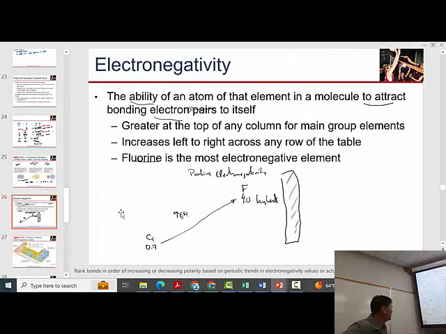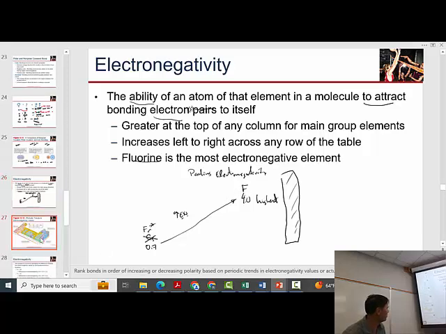Let me go back and cross that out, francium, but let me put the asterisk here. So electronegativities are going to run from 0.7 to 4.0: 0.7 for the least, francium, 4.0 for the highest, fluorine.